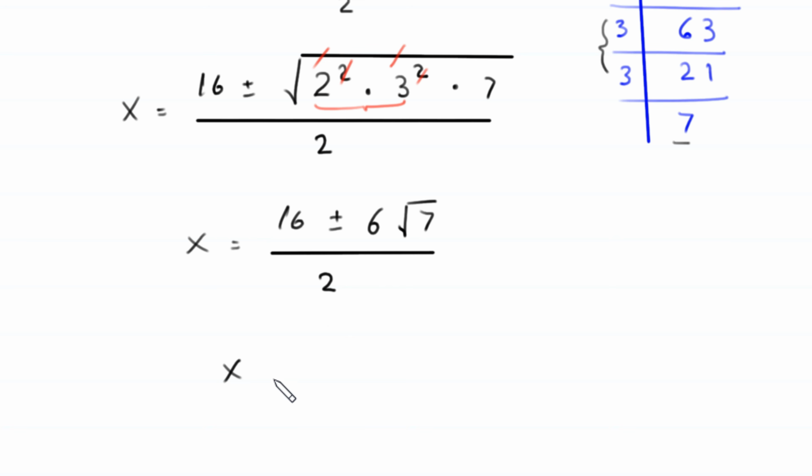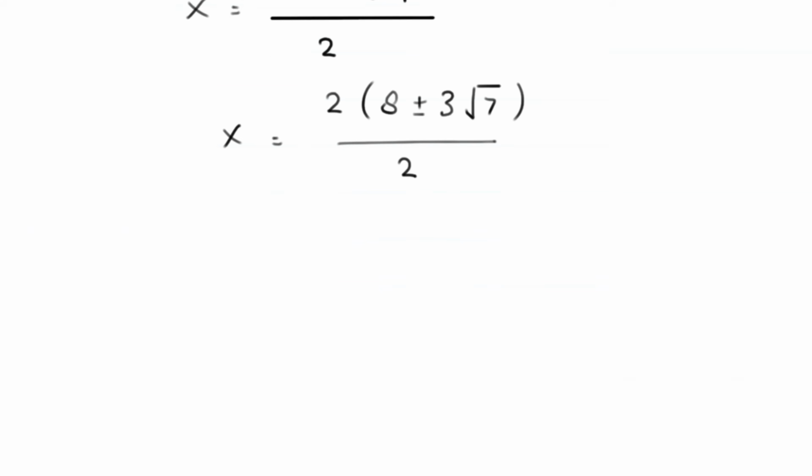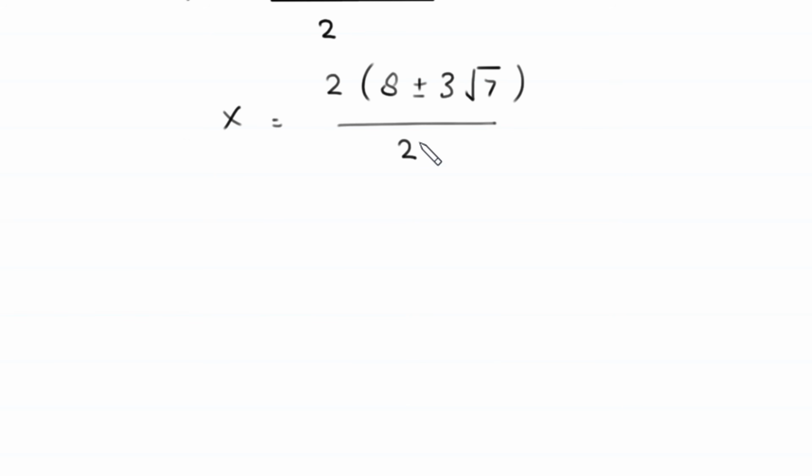Next, x is equal to, from the numerator we can factor out 2, in bracket left 8 plus minus 3 times root 7, divided by 2. Now this 2 will be cancelled with this 2, we get the value of x equal to 8 plus minus 3 times root 7.